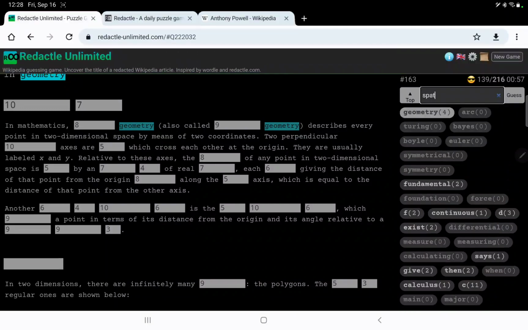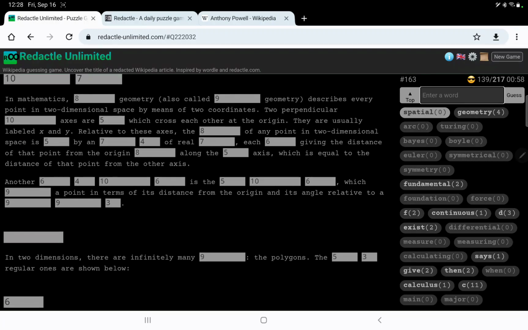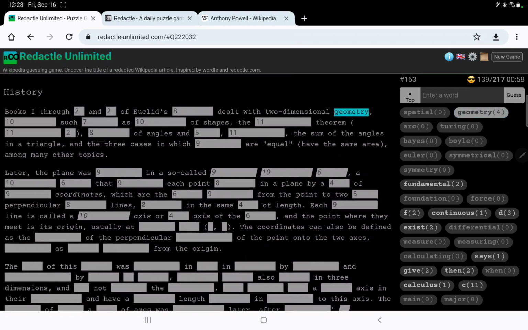Well, spatial is only 7 letters, but let's try that. No. Also called, not sure what types of geometry there are. Okay.